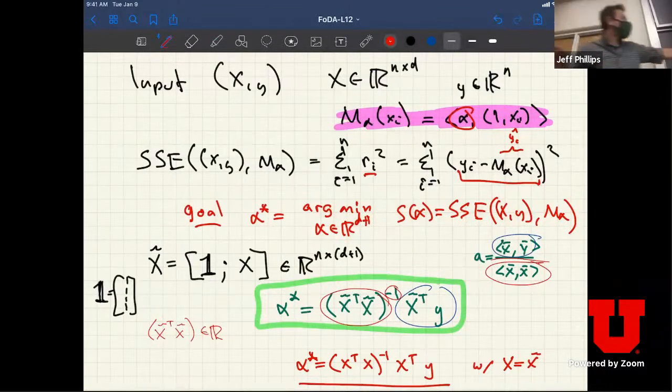X tilde was n by d plus 1, so x tilde transpose is d plus 1 by n. The first dimension is d plus 1, and this one is n by d plus 1, so the n's collide, and I get a d plus 1 by d plus 1 matrix. Okay, good. So it's square.